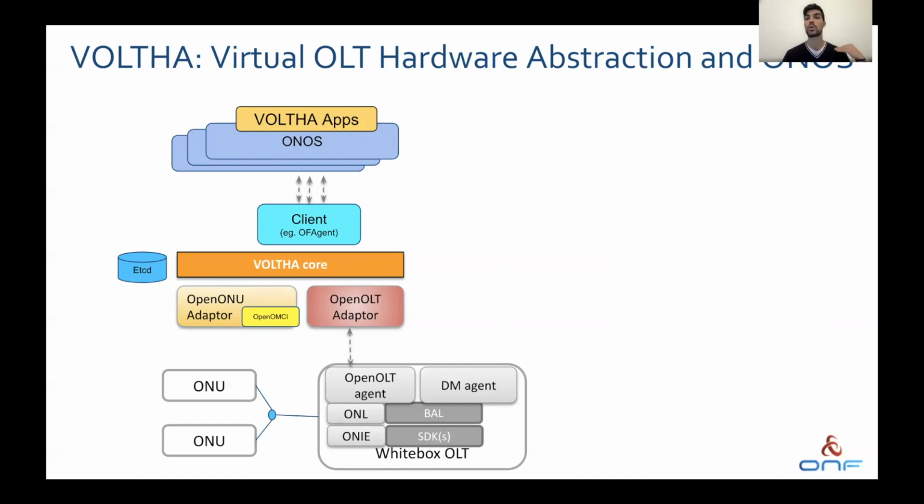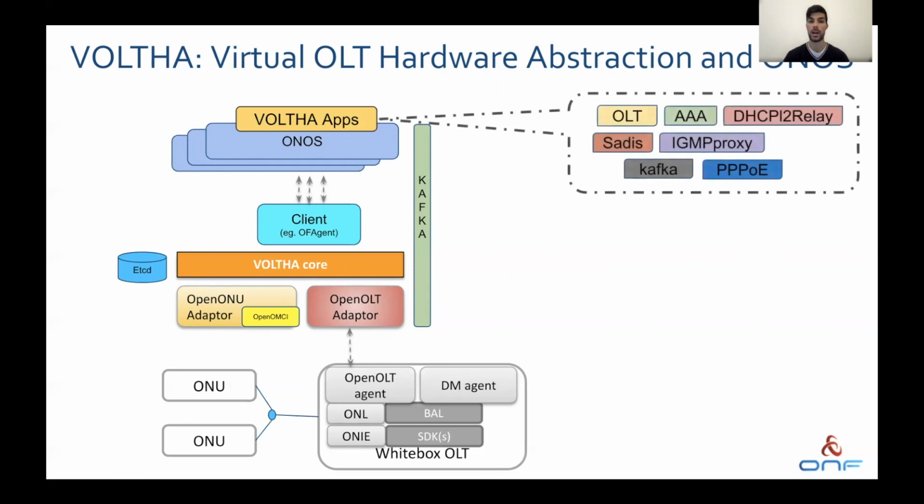On top of ONOS, we then put some VOLTHA-specific applications. ONOS is a modular platform where you can load applications, and in particular we have some applications that, along with the rest of the stack, publish events on the Kafka bus for consumption, and you will see this again later in the demo.